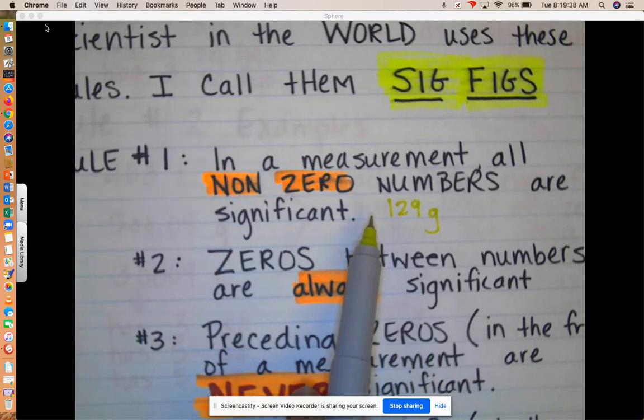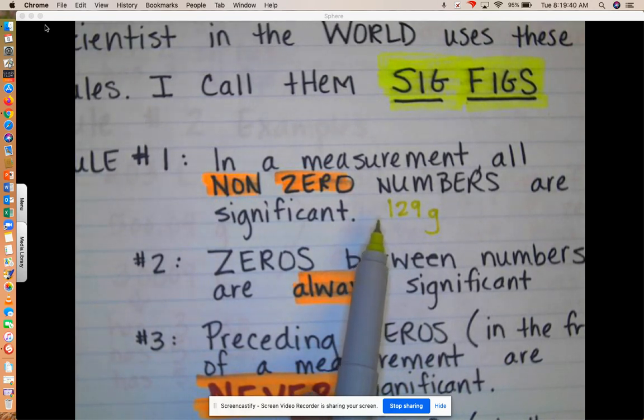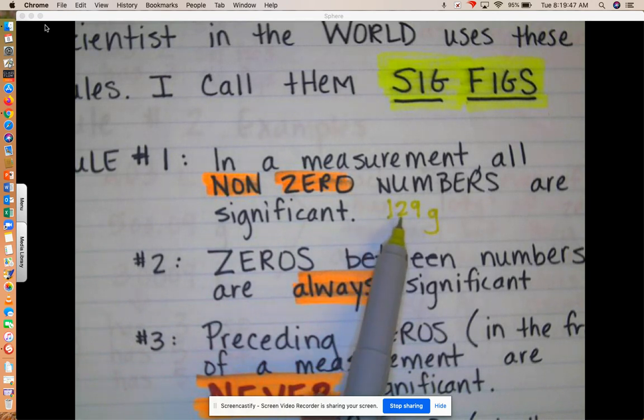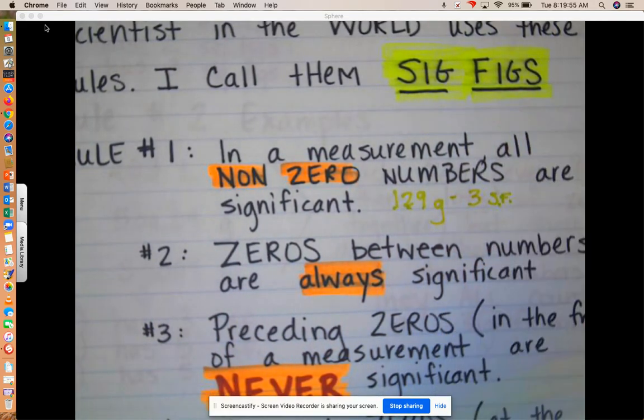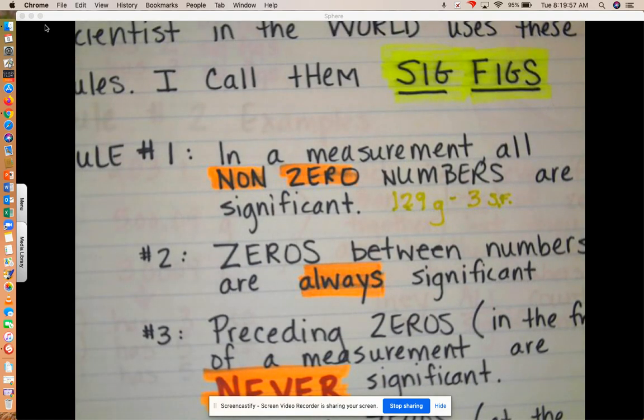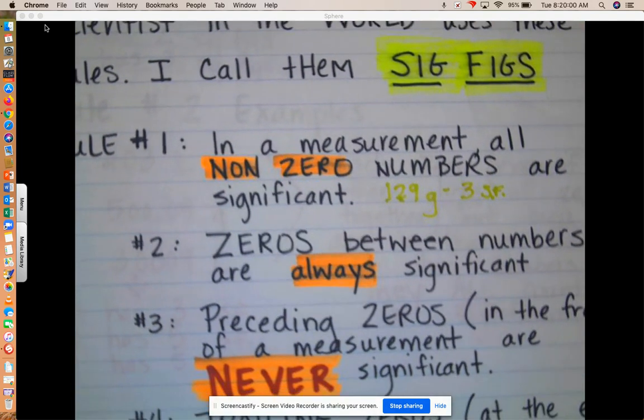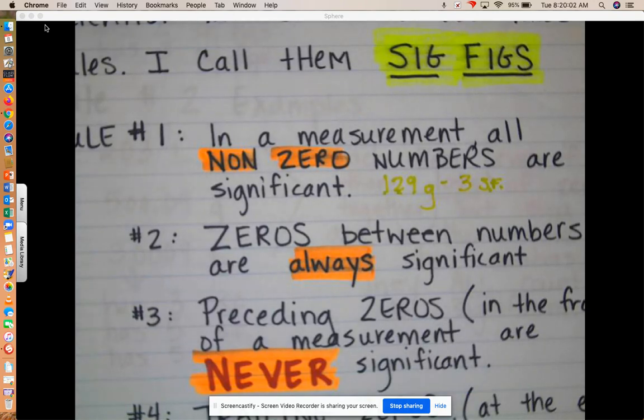So that means if I'm going to count how many of those numbers in that measurement are significant, I would say this one is significant, this one is significant, and this one is significant. So this one has 3 significant figures. That's what I'm saying, okay? So anything that's a 1 through a 9 would count as significant.